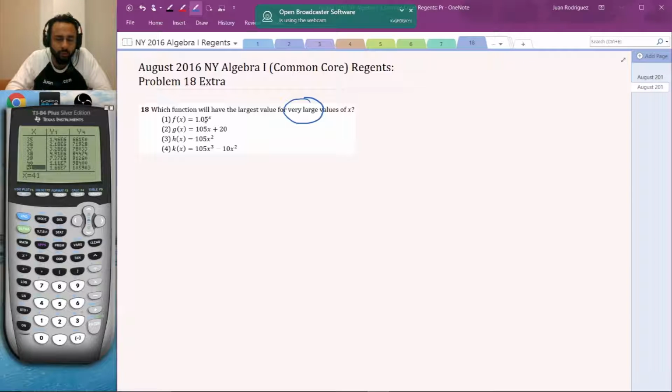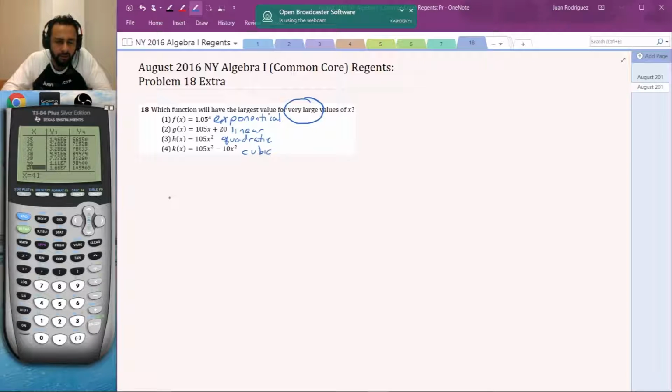Here's what we do. We look at the type of function that this is. This is an exponential. This is a linear. This is a quadratic. And this is a cubic.